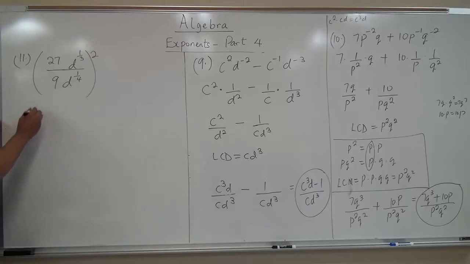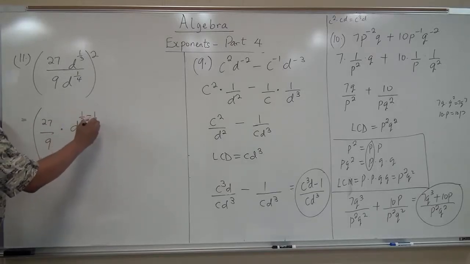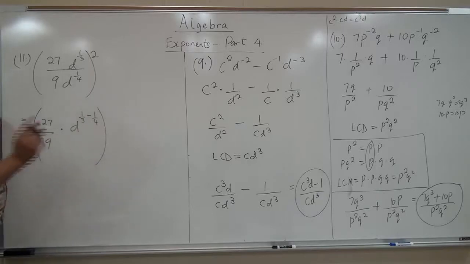So if we use that method, this will be 27 divided by 9 times D to the 1 over 3, then minus 1 over 4. I mean D exponent 1/3 minus 1/4, all exponents squared. So this will give you 3 times.